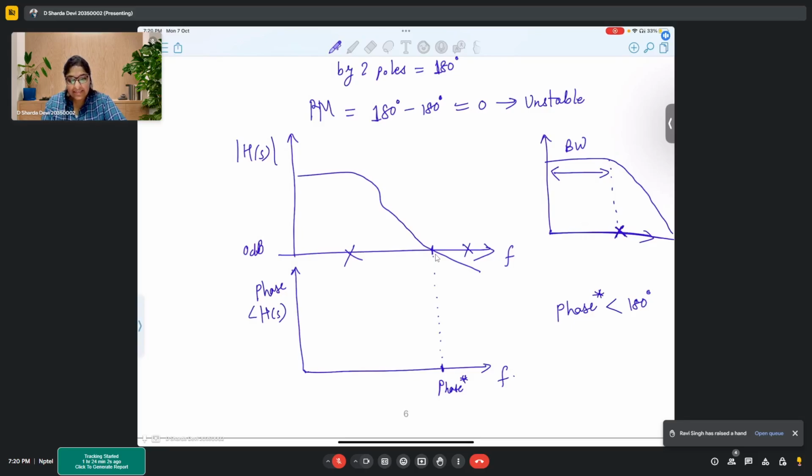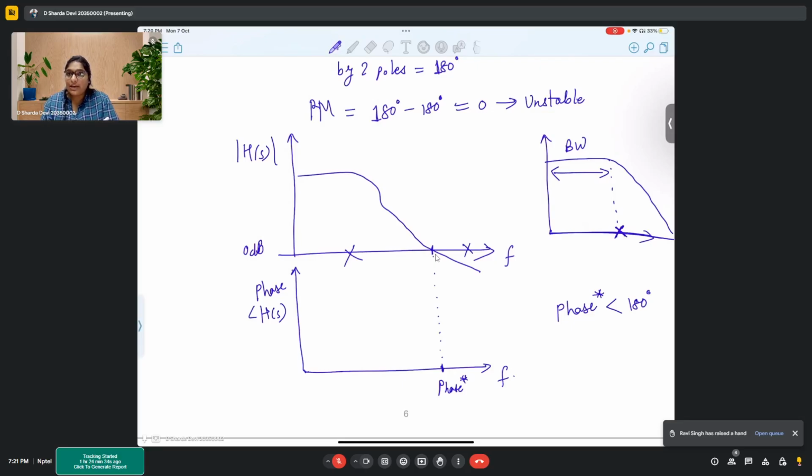Because you can see, for two poles only, it is not like a two pole system is stable for all the frequencies. There are certain frequencies at which definitely your two pole system is unstable. Now imagine the more you introduce new poles, the range of frequencies at which your system becomes unstable increases even more.